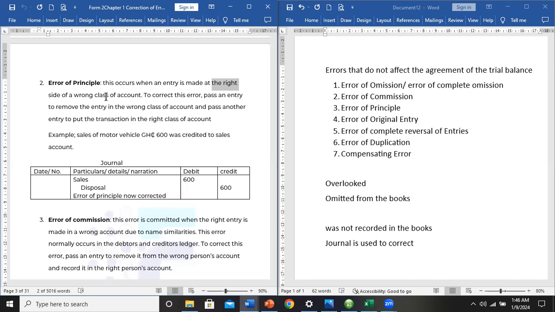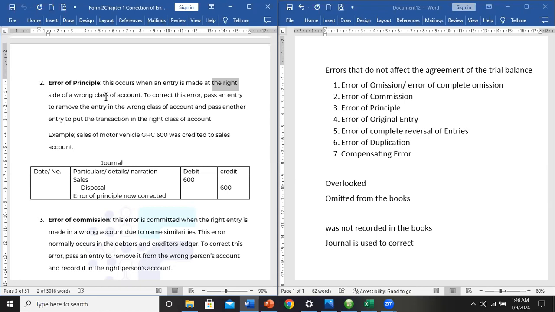And when we talk of class of account, we are talking about assets, expenses, liabilities, capital, etc. So for instance, if a bookkeeper records an expense in an asset account, then he has recorded the transaction in the wrong class.